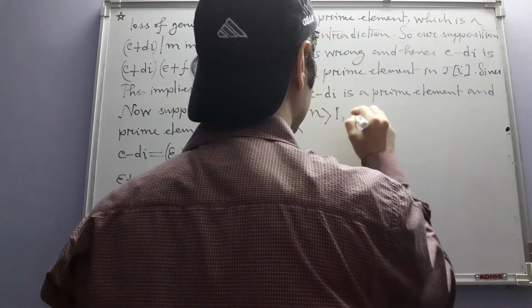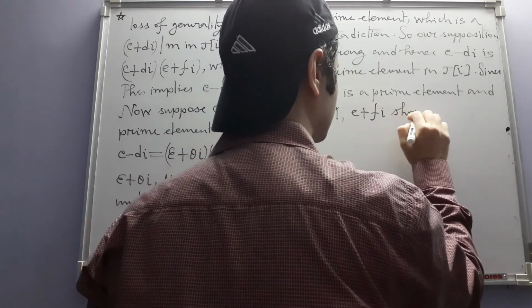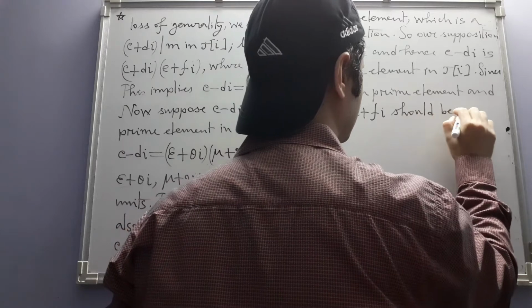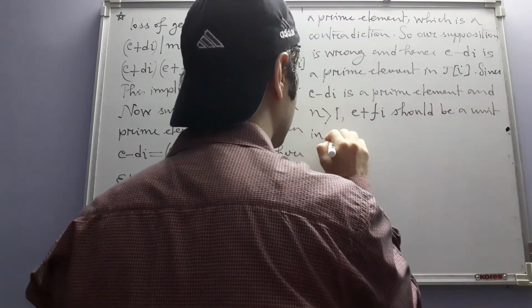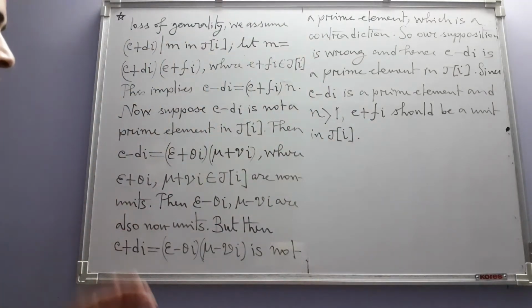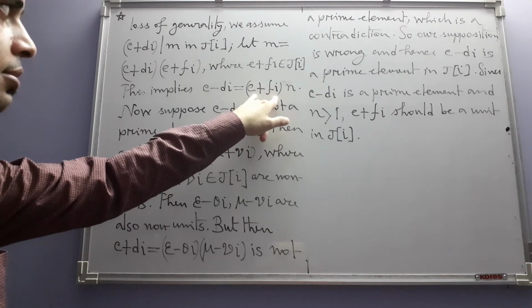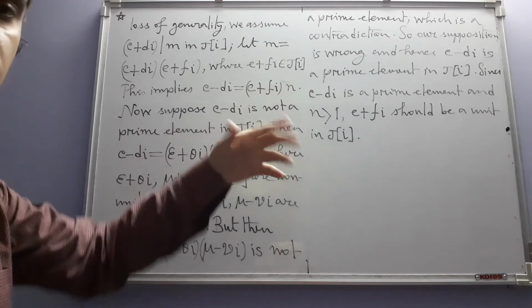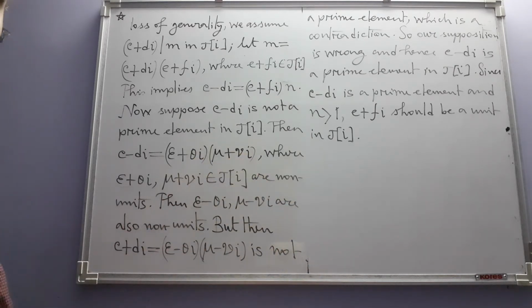and this e plus fi should be a unit in Z[i]. So that means e plus fi is either 1 or minus 1 or i or minus i.